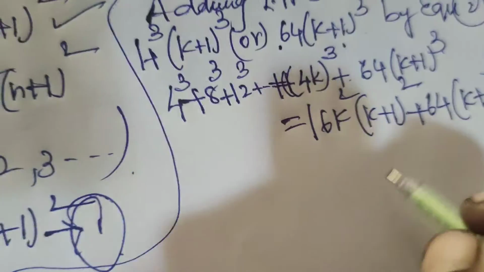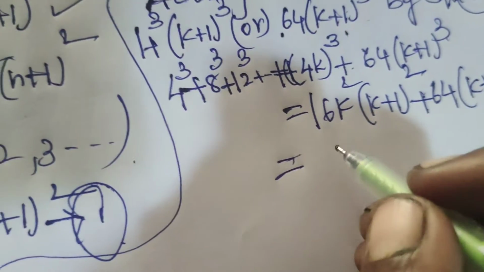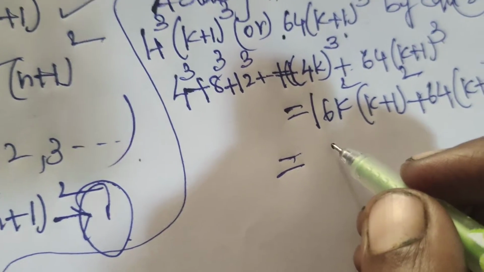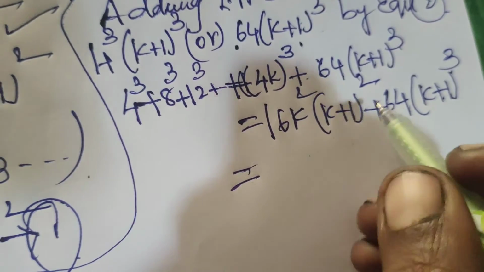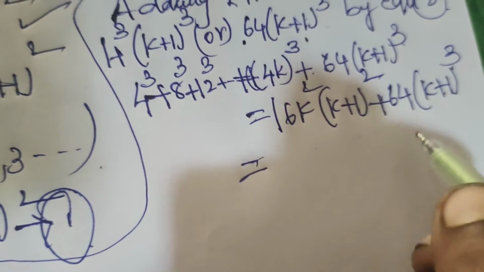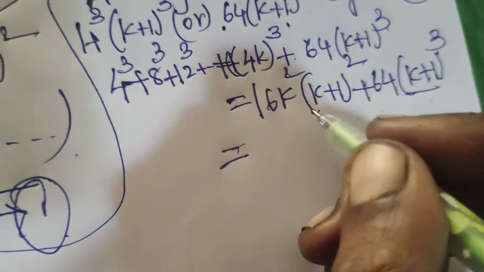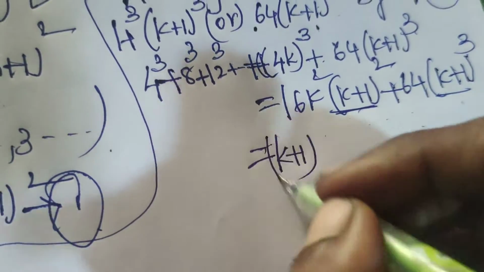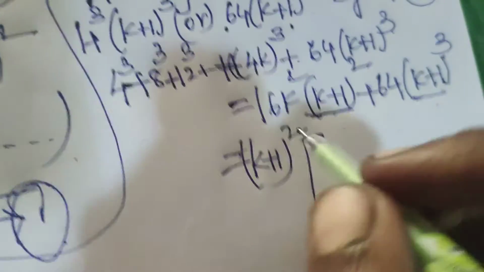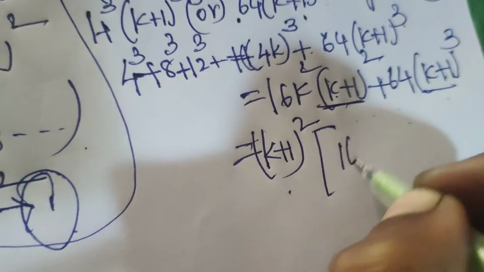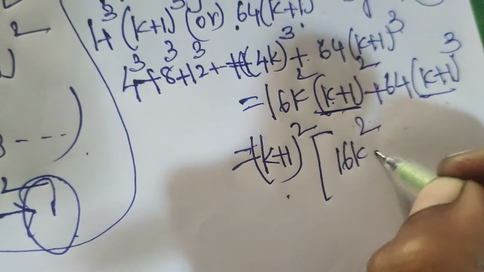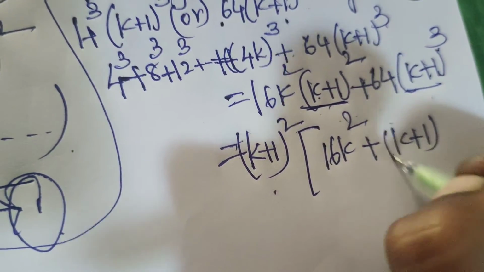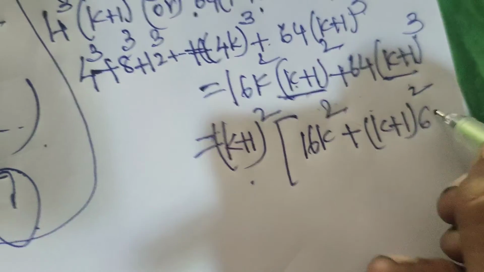Now solving the right side: 16k square into k plus 1 whole square plus 64 into k plus 1 whole cube. In these two terms, k plus 1 whole square is common. So k plus 1 whole square into 16k square plus k plus 1 into 64.